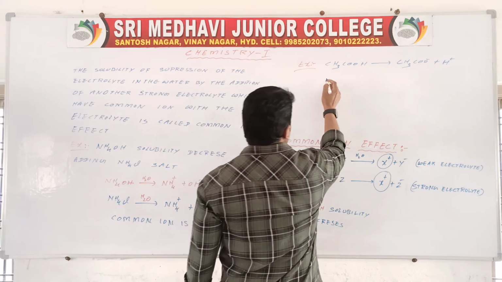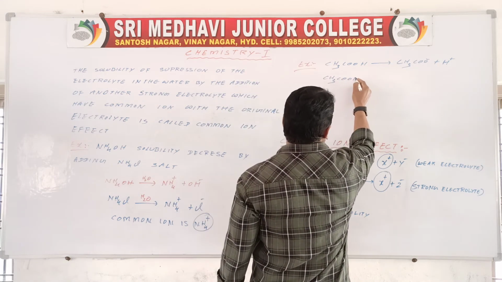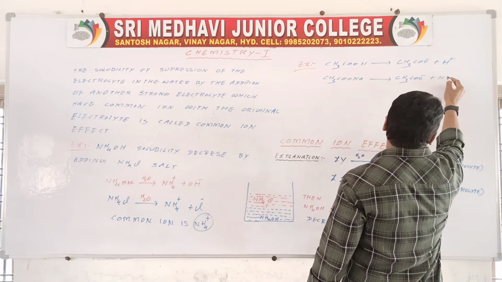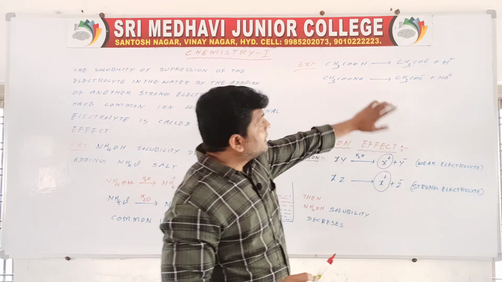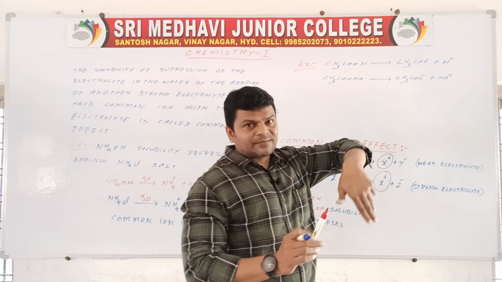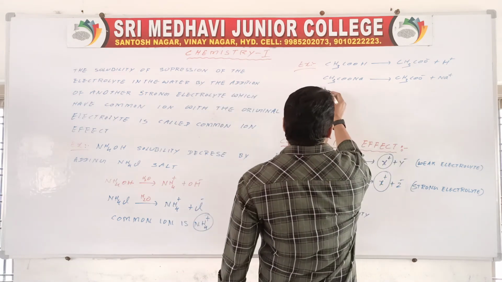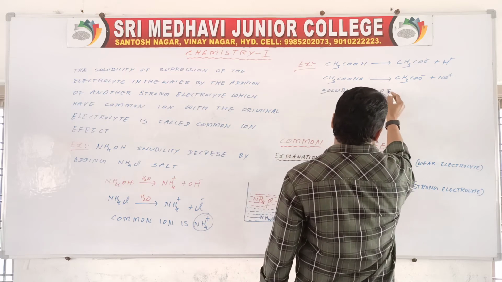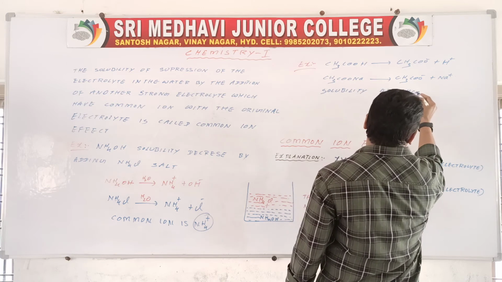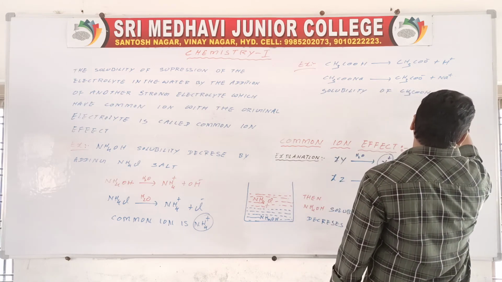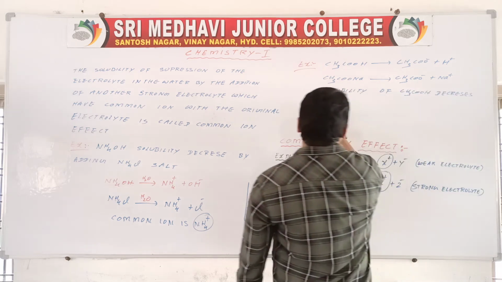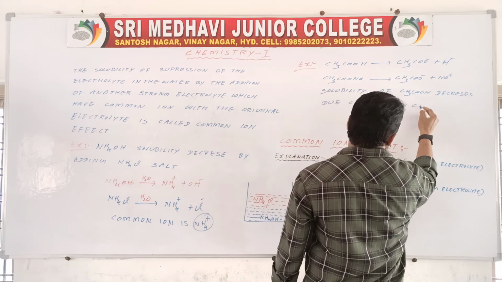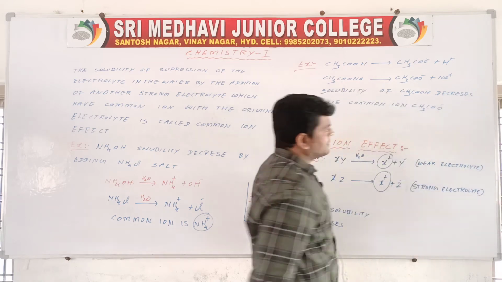If you add CH3COONa, which gives CH3COO minus and Na plus, then the solubility of acetic acid decreases, due to the common ion CH3COO minus.